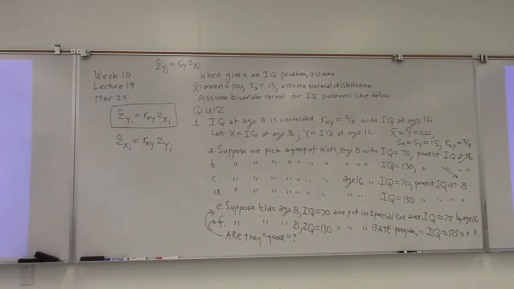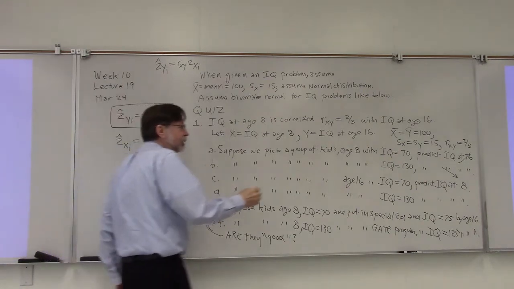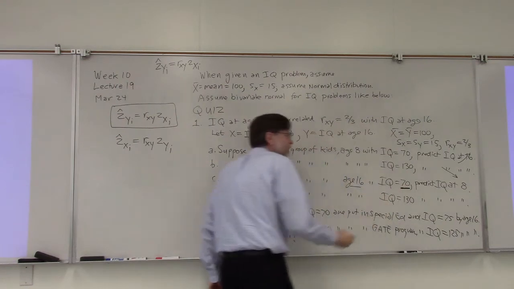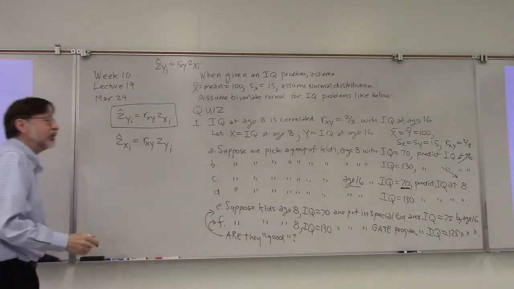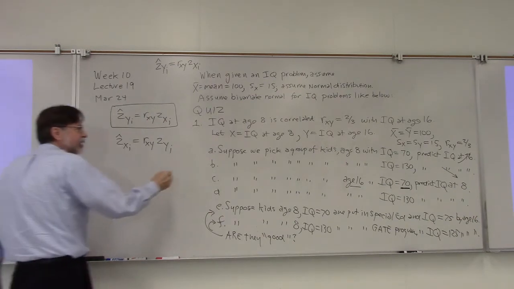So now we want to predict what their scores at age 8 are going to be from their scores at age 16. What were the kids who end up at 70, what was their average IQ at age 8? Well, it works exactly the same way.